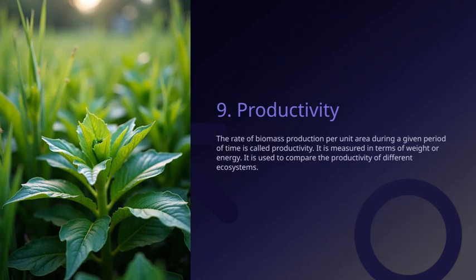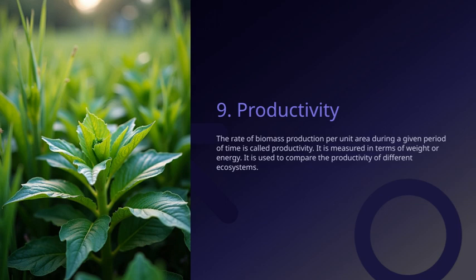Let's talk about productivity, which is essentially the rate at which biomass is produced per unit area over a specific period of time. Think of it as how quickly plants or other organisms generate new material. We measure productivity in terms of weight or energy, which helps us understand the amount of biomass generated.